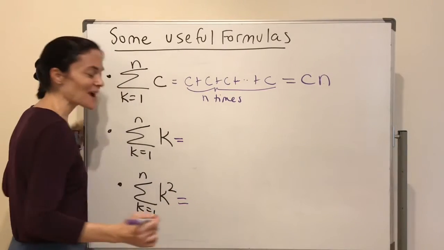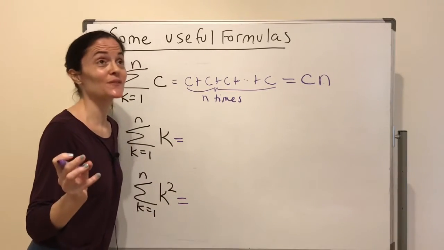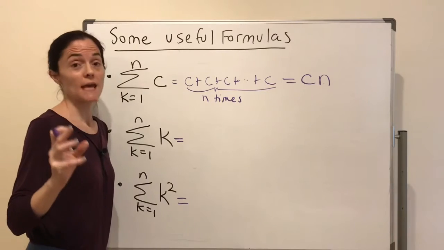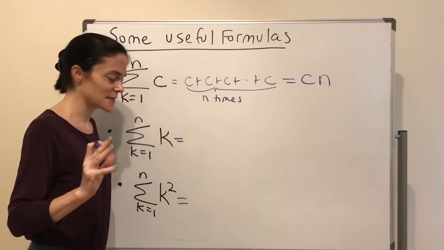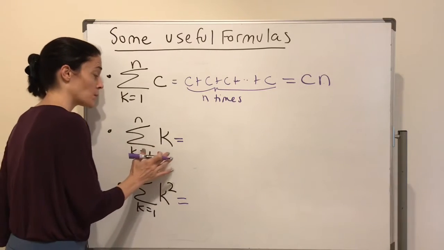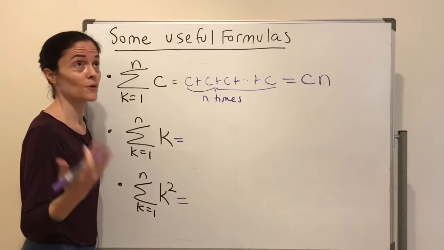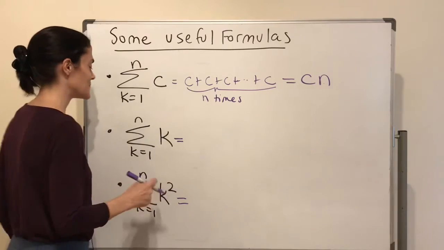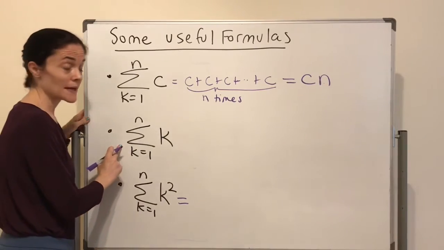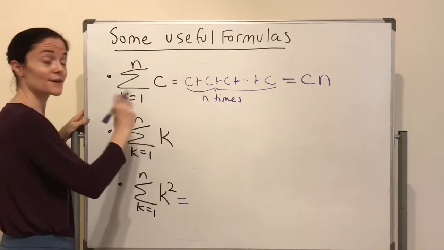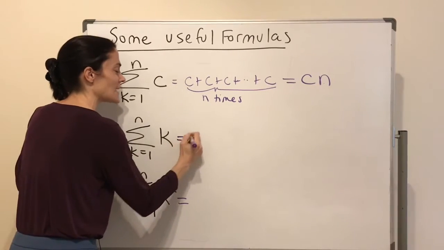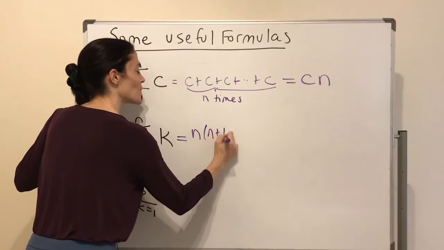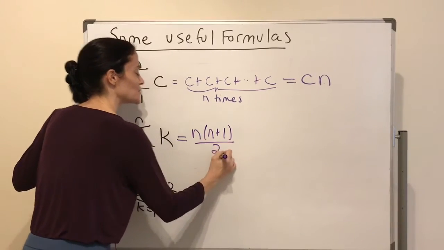The other two are actually quite interesting to prove, and I will just say, if you take math reasoning sometime, or if you have taken math reasoning, you can, and probably will, prove both of these. You can prove them, for instance, by induction. For this one, if we add up the first n integers, that's what this is saying, we get n times n plus 1 over 2.